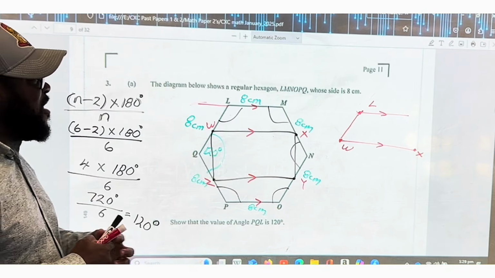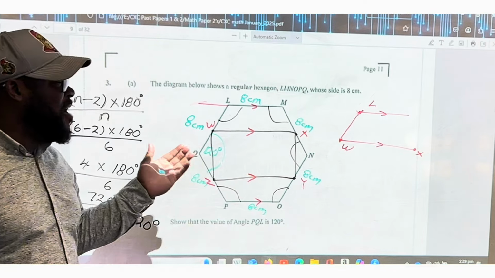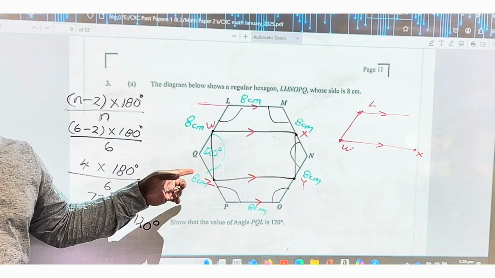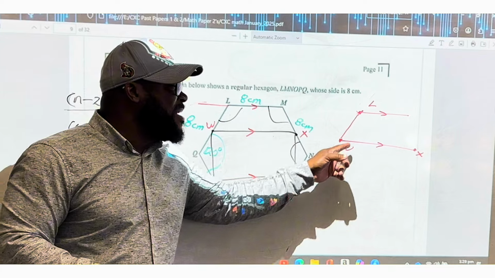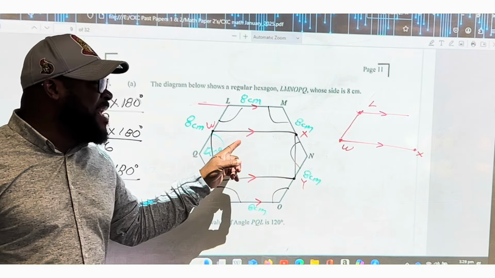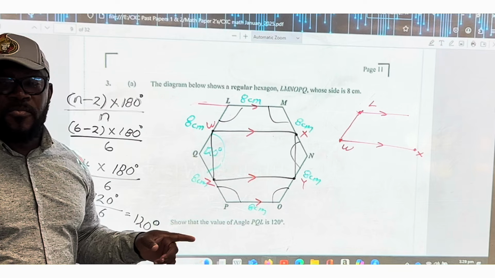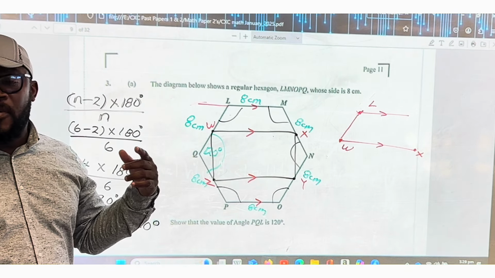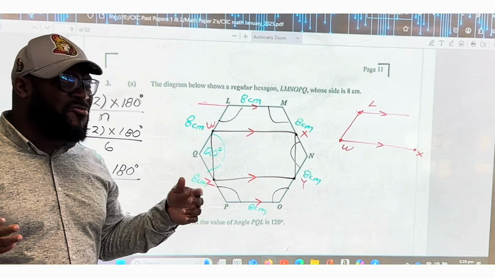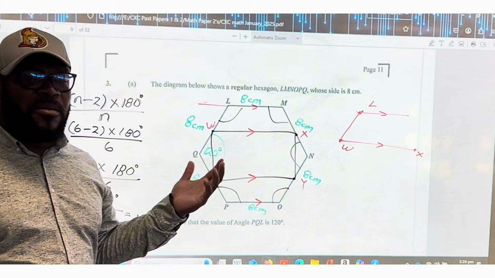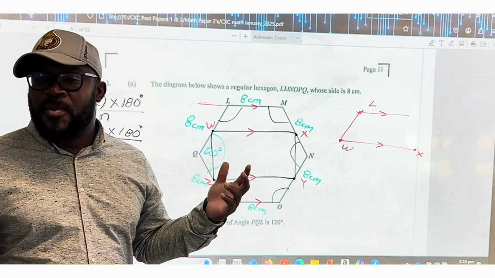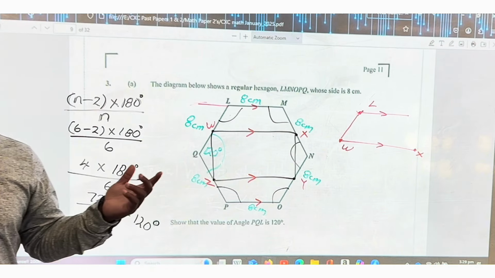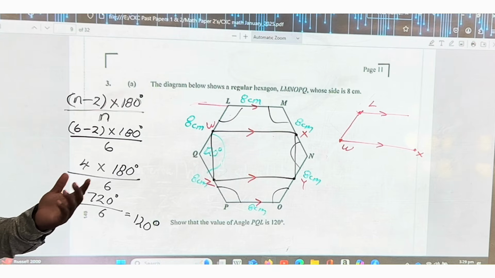Let's look for the LWX. What you know you have already. There's something that is missing from this diagram that is given over here. It may help you with an angle. What angle goes around the hexagon on the inside? 120, we just found that.